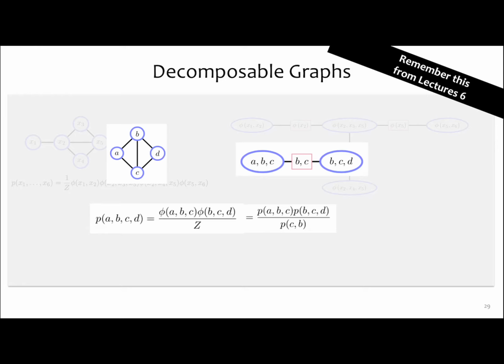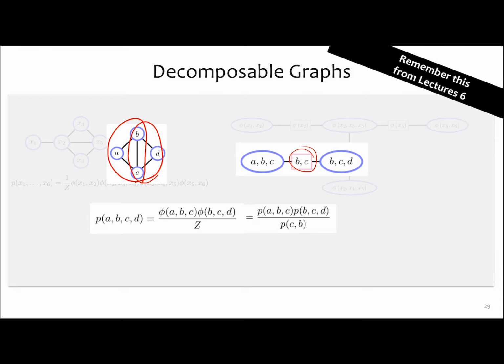So there was something interesting about this kind of graph. If you remember, we had this specification in lecture 6 that if we can write a graph as a junction tree, the probability distribution of that is decomposable. So for example, we have two clicks here, this click and this click. The simple click tree for this distribution would be ABC and BCD, and the separator would be BC.